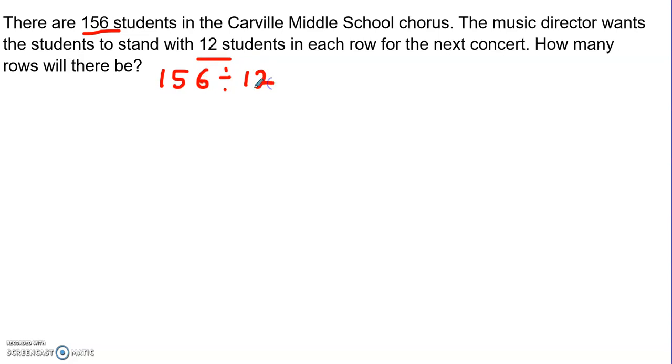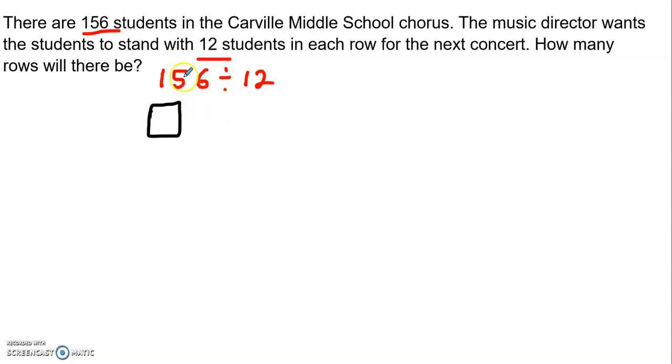So we're going to first deal with our model. The very first thing that we need to do is draw out our dividend. So remember our base 10 blocks, where you have the big square that represents 100, we have the longs that represent 10, and then we have the singles that represent the ones. Well, that's the same thing we're doing here. So we have the 100, which gives us our square.